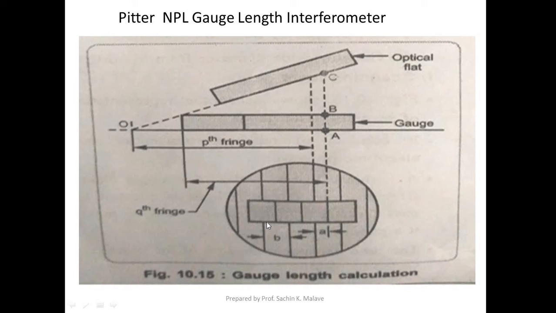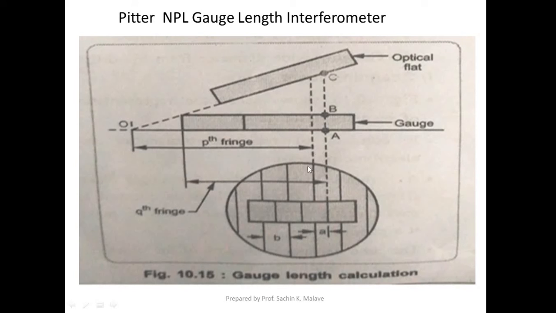Okay, now in this set of fringes, you consider a pair of fringes chosen anywhere in the middle of the fringe system. So you consider any two fringes, one fringe because of the instrument base and one fringe because of the top of the gauge surface, which are adjacent to each other.